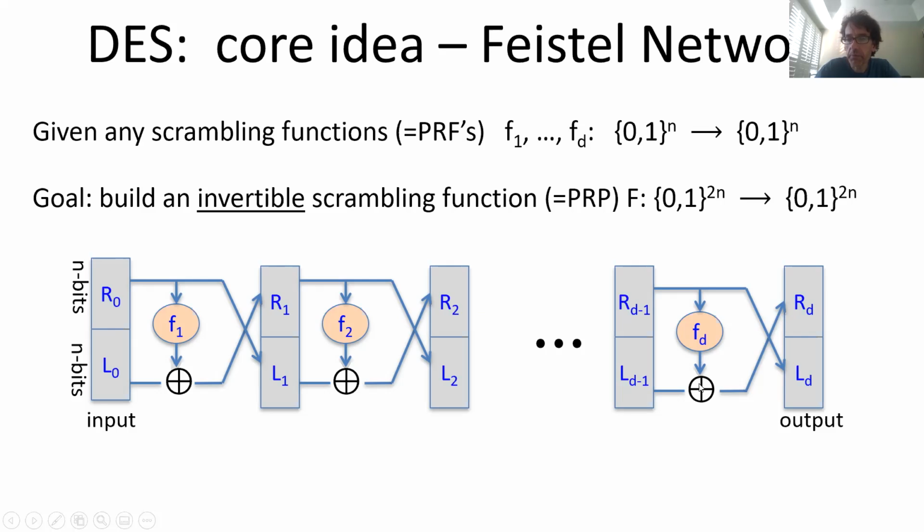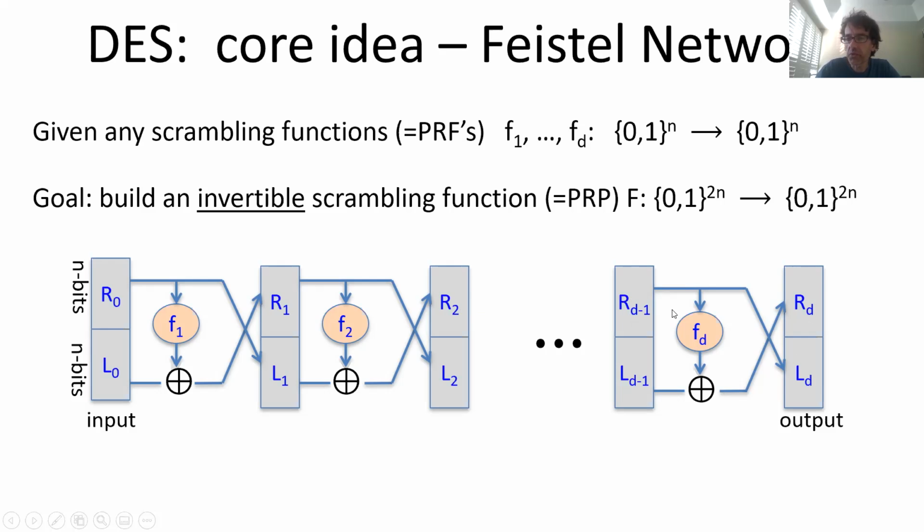XOR is an invertible operation. So I XOR these two wires, and I get back this register. And this wire is very simple. I make this a copy of LD. So I just take this and copy it here. And so I went from the D round registers to registers at D-1. So of course I recurse this until I get to the input.